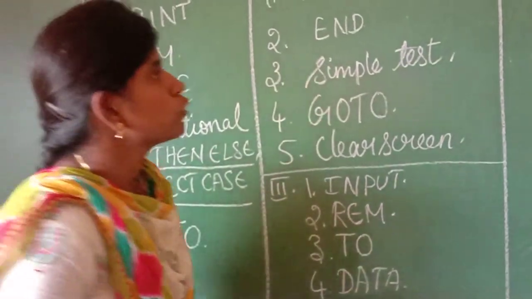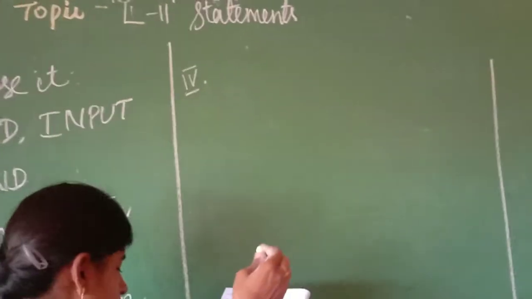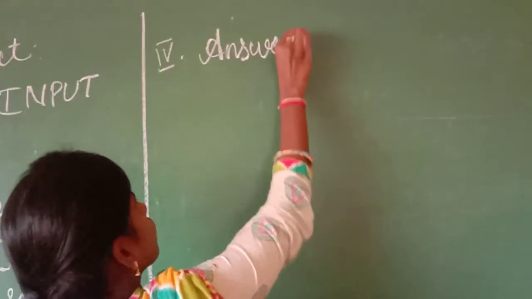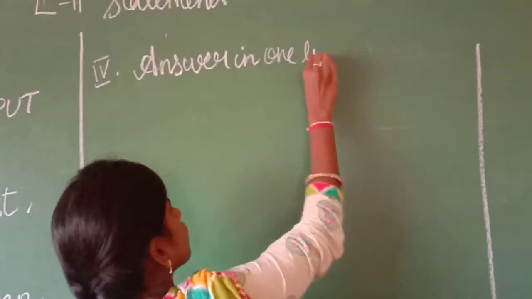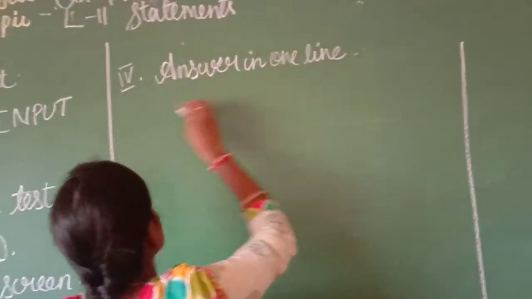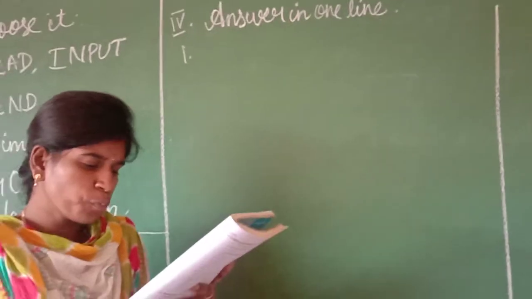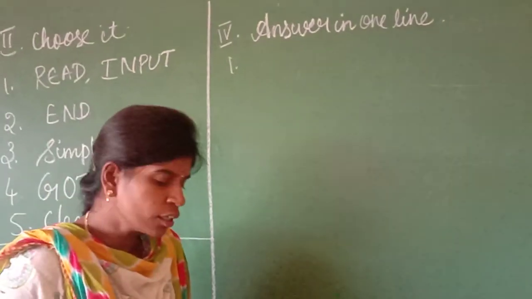Now we are moving to the fourth main. Okay, that is answering one time. First question. When will the QBasic bypass its statement and go to the next if the argument is not true?